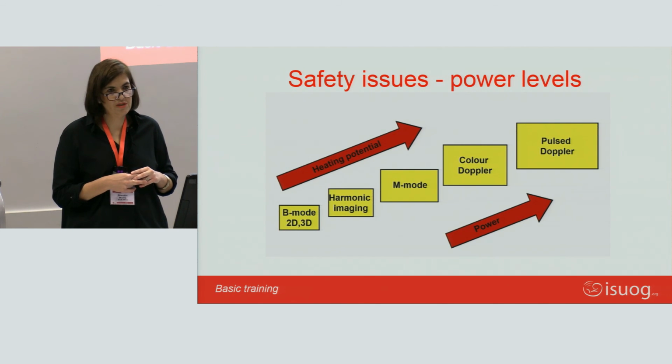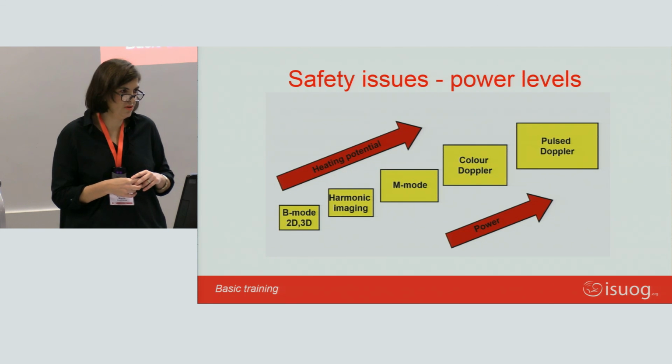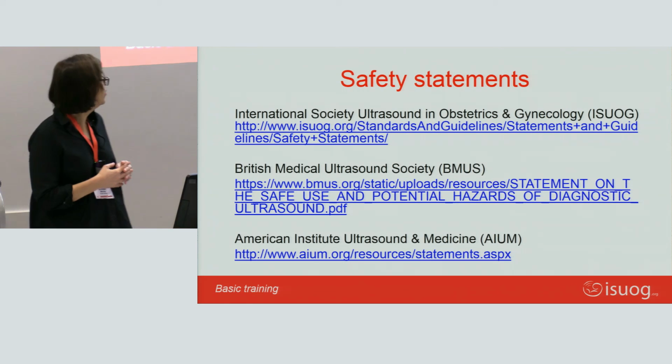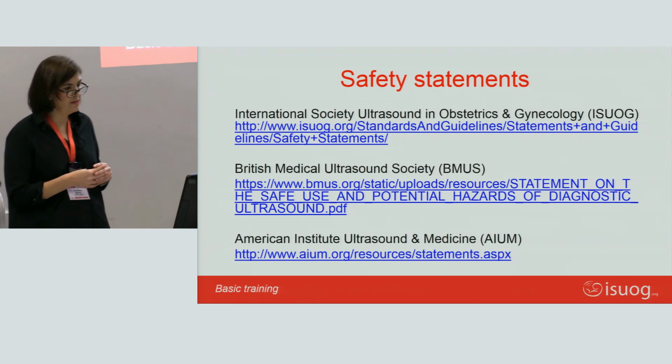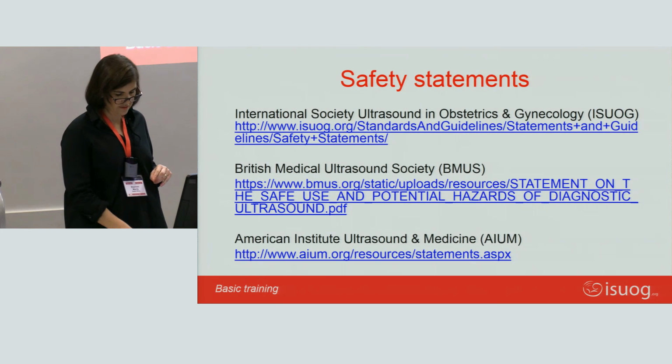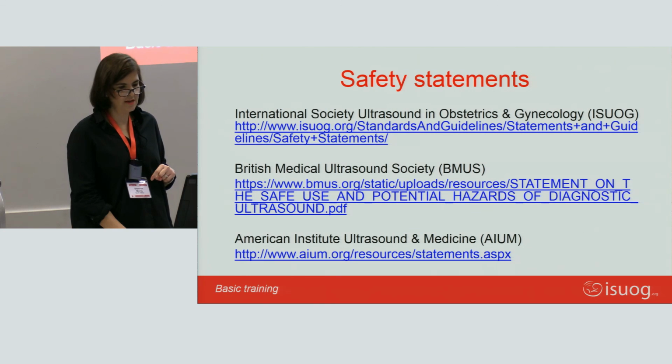It's enough for you to see the heart moving, or otherwise, if you want to calculate the heart rate because you think the baby might have a bradycardia, use M mode. And here are some websites that you can visit to see the different safety guidelines and statements by different international organizations.